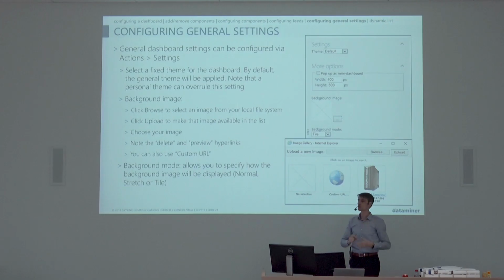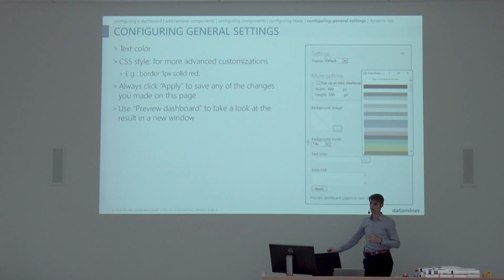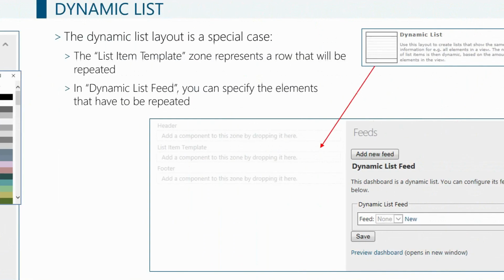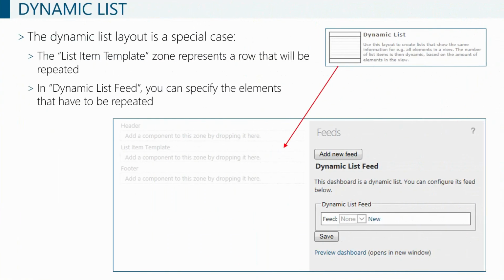So you can have a fixed width and height to have it as a pop-up if that would be something you would like to configure. The text color and extra CSS are also applicable in the settings here to change that. So you do have quite some possibilities to tweak your layout.